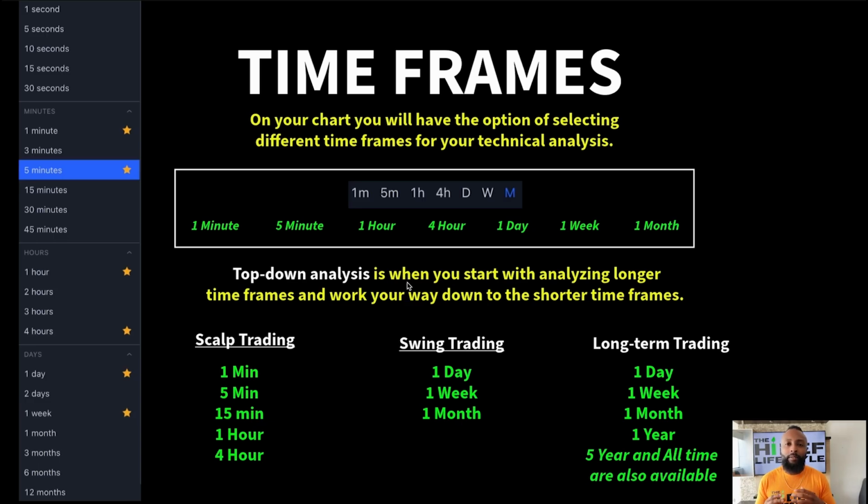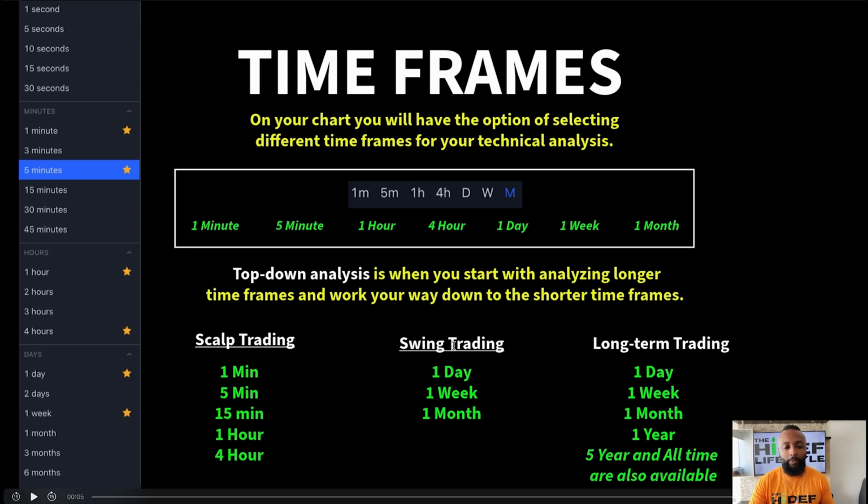If you want to analyze Tesla, you may start at the daily time frame, and then next you'll analyze the 4 hour time frame, next the 1 hour time frame, next the 15, and then the 5, and so on. So you're going to start top-down analysis when you are looking at a stock's chart.